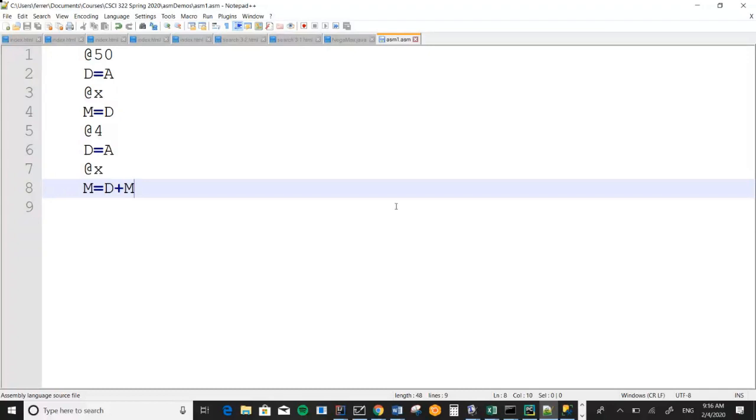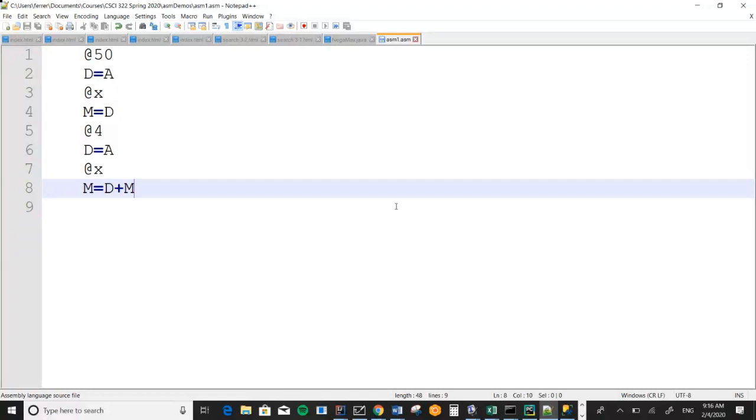Now I have @4. What's that going to do? A is now equal to 4. D equals A. And then @X, and now M equals D plus M. So @X means reading the value from memory location 16.